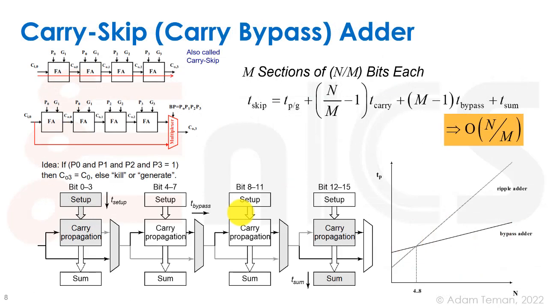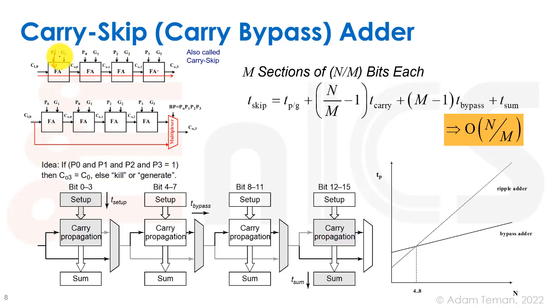A carry skip or a carry bypass adder is this really cool idea of how to reduce the propagation delay through an adder. If we have a general ripple carry adder as shown up here, we saw already that the problem is that we have to carry through the whole thing to get our worst case. Our worst case is if each of these full adders has a propagate coming into them, and we have to run the carry through until the end. We have a propagation delay of whatever it takes to calculate this propagate, right?